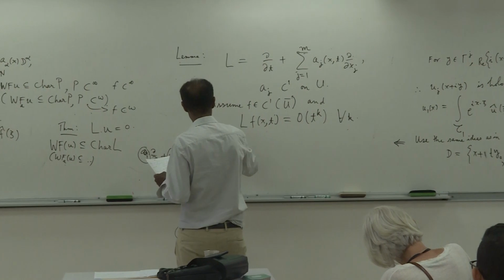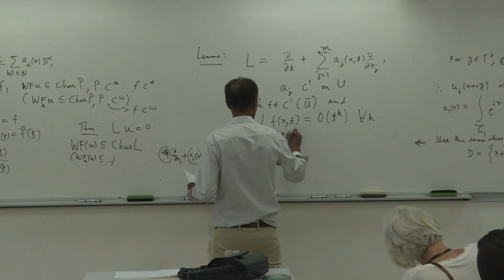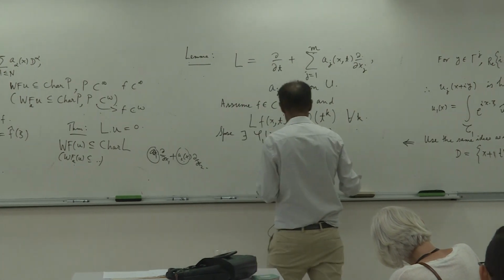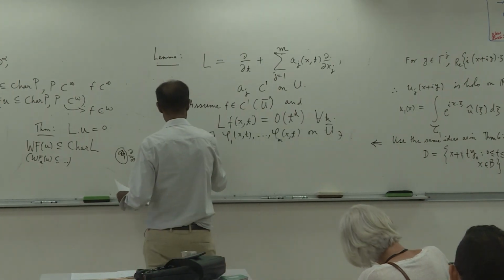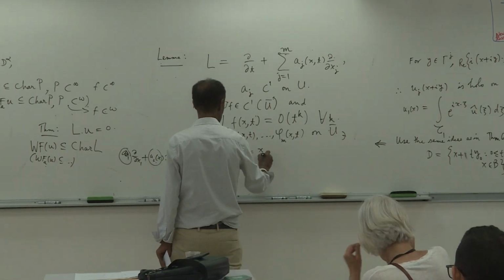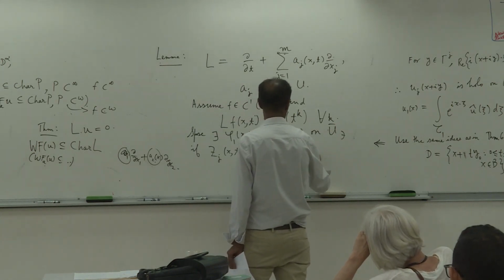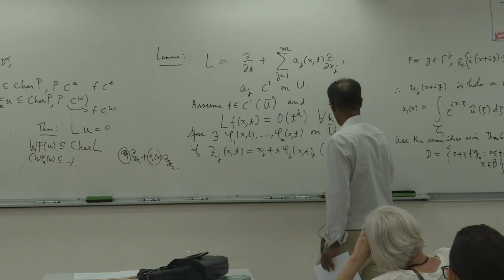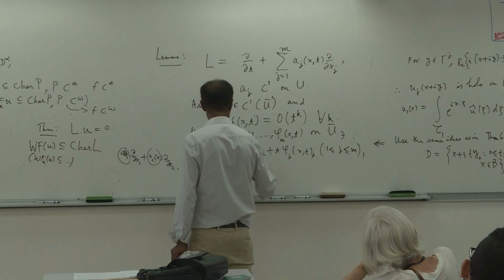Now, suppose, and this is a key assumption, you have m functions on U closure, such that if I write Zj of (x,t) to be xj plus t times a function, for j from 1 up to m, then the Zj are also approximate solutions.